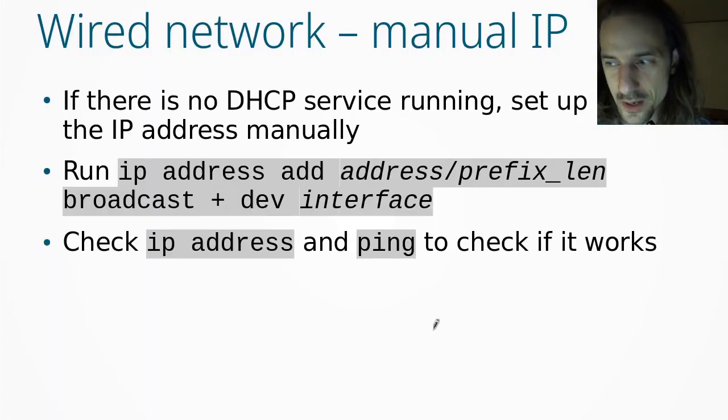So this is how you can do it. If you have some special case, like you are on a network where you don't have a DHCP service running for some reason, then you can use this command to add an IP address, or if you want for some reason to override the DHCP granted address, then this is what you do.